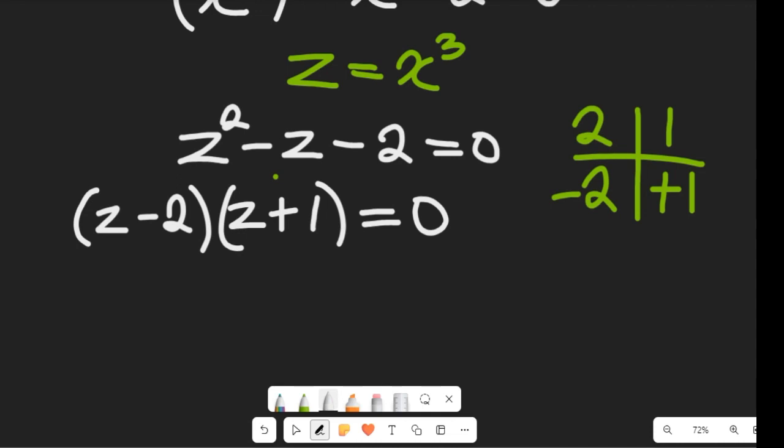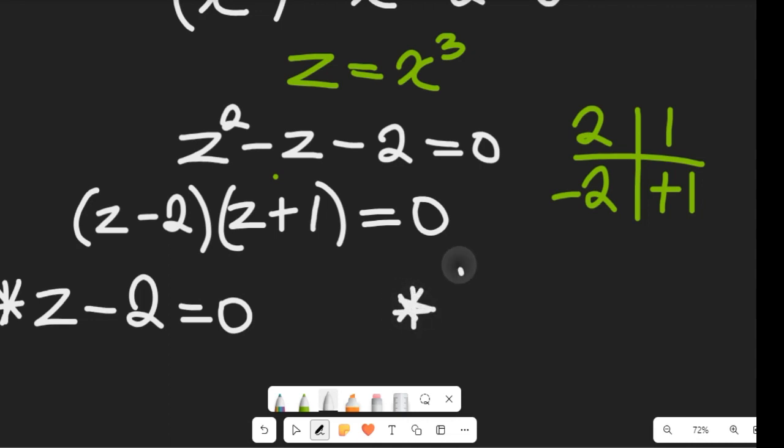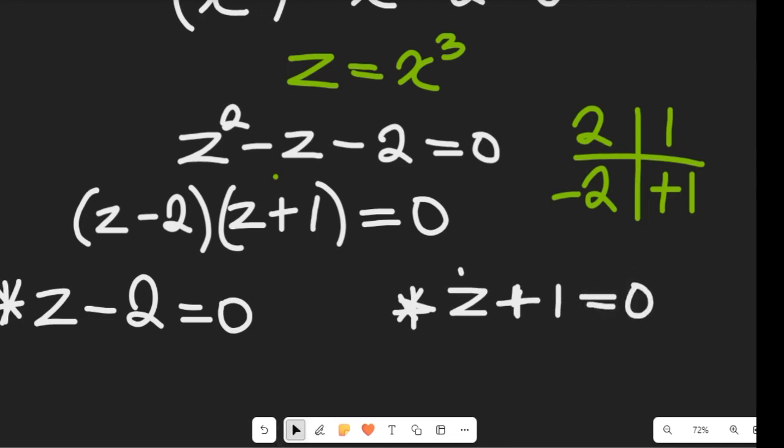From here, using the zero product rule, we can have the first part, z minus 2, equal to 0, and z plus 1 can also be equal to 0. So what do we have?